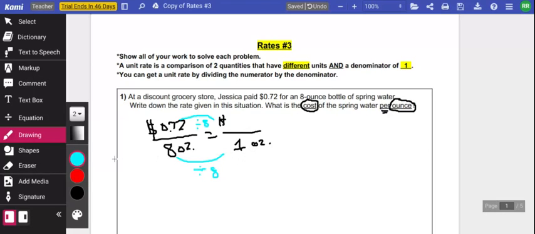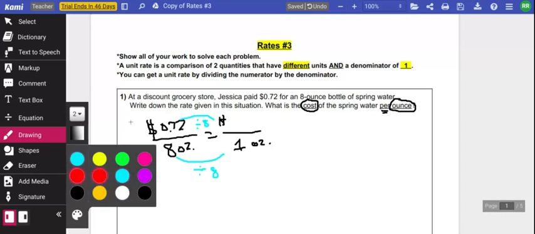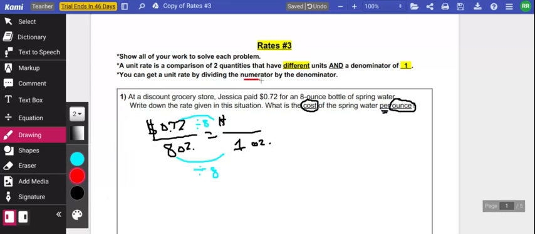Okay, so I can also think about dividing the numerator by the denominator. If I were to divide 72 cents by 8 ounces, that would give me the unit rate as well. Okay, work it out from there.